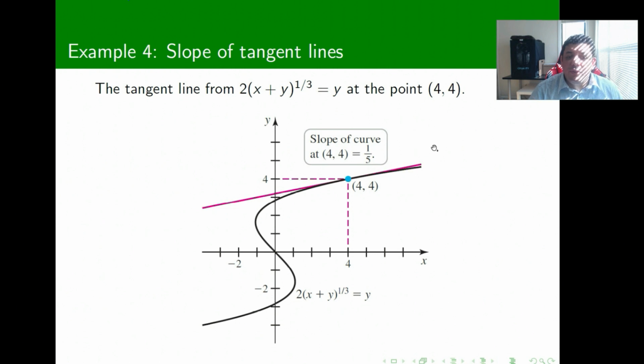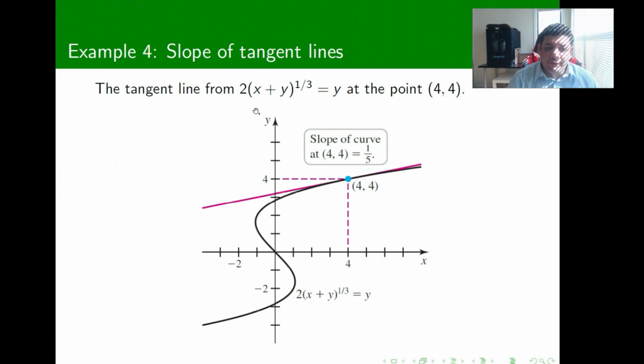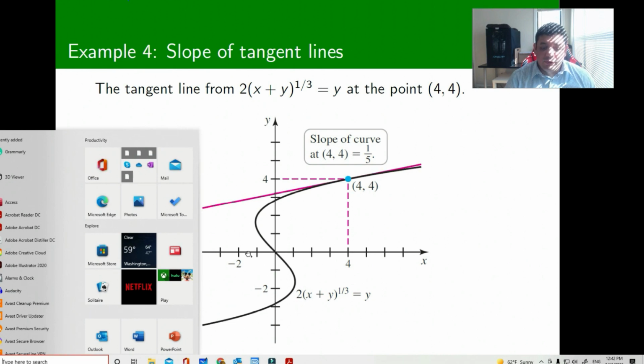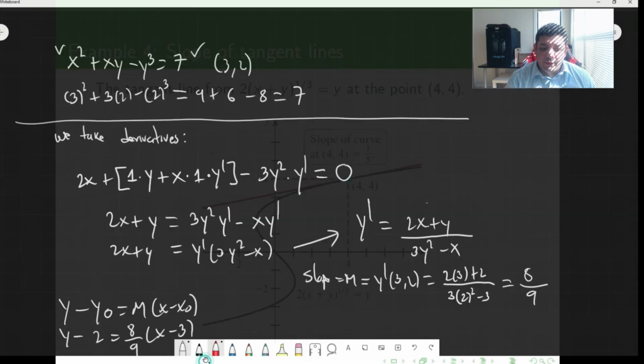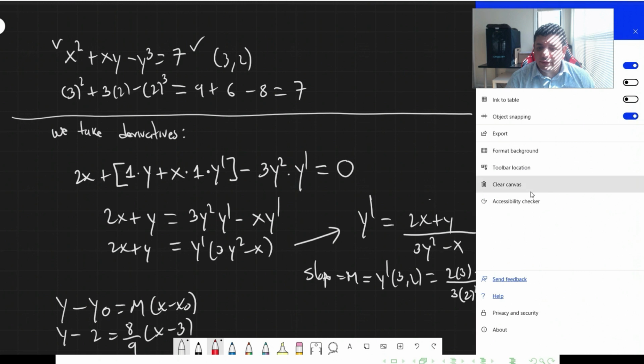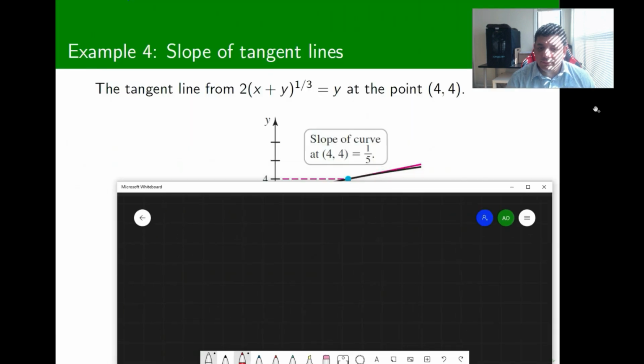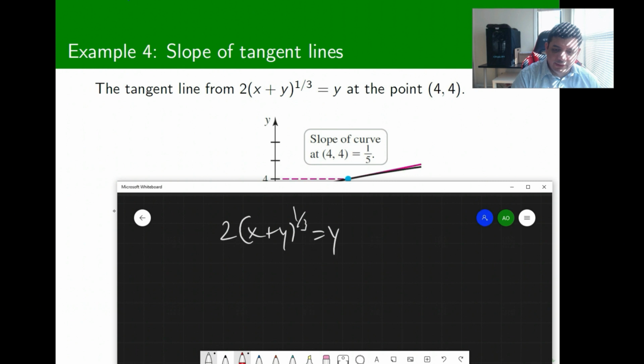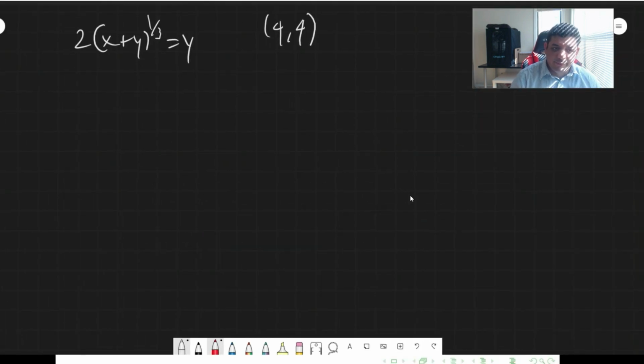Now, let's do one more example of this. Let's take the tangent line for the function 2x plus y to the 1/3 equals y at the point (4, 4).